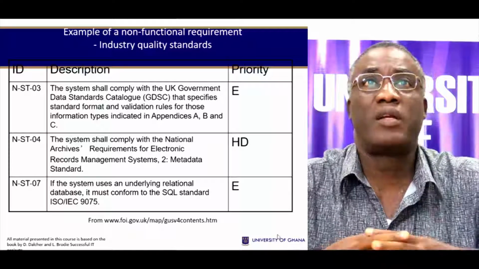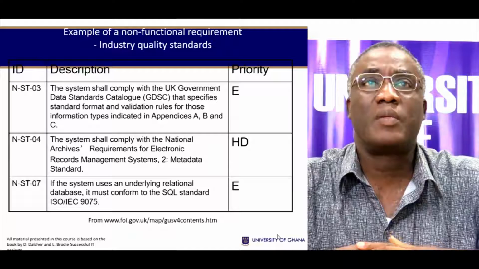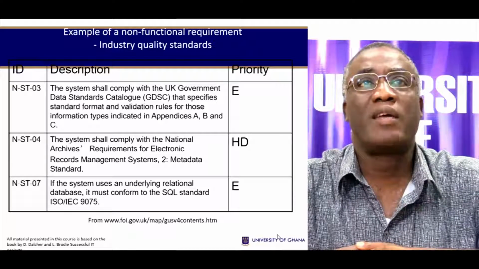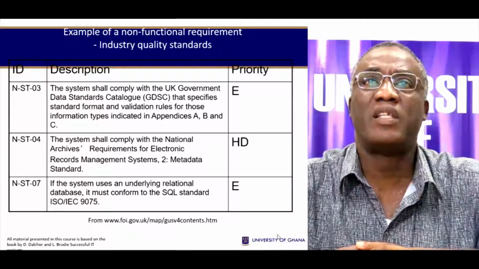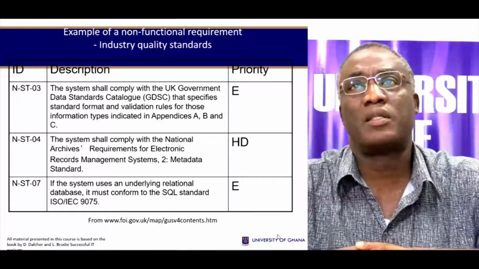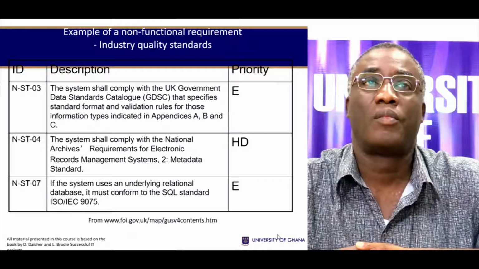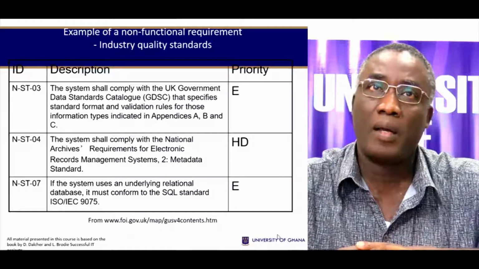What about the non-functional requirements? An example: the system shall comply with the UK government standards catalog that specifies standard format and validation rules for those information types indicated in the appendices. This is essential because there is a law there and it must comply with that.